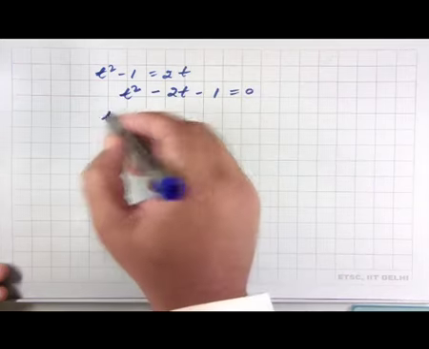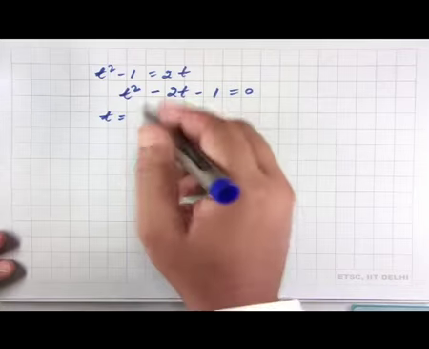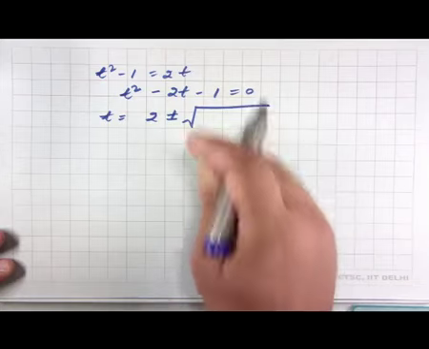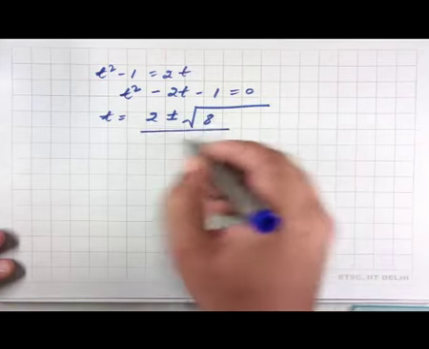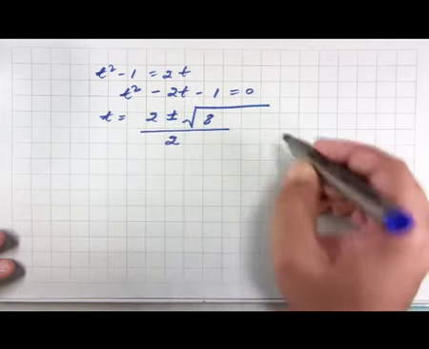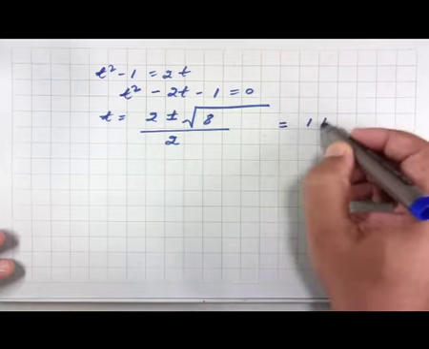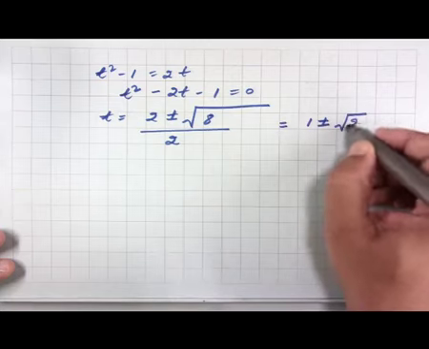Since this is a quadratic equation in t, there are two possible roots. The roots are 2 plus minus square root of 8 by 2, which is equal to 1 plus minus square root of 2.